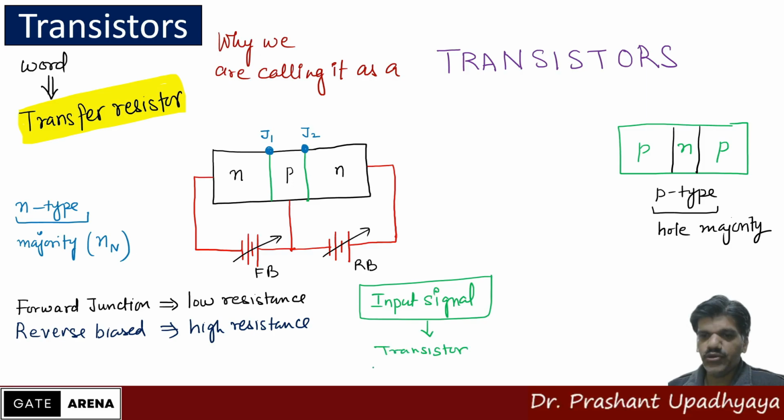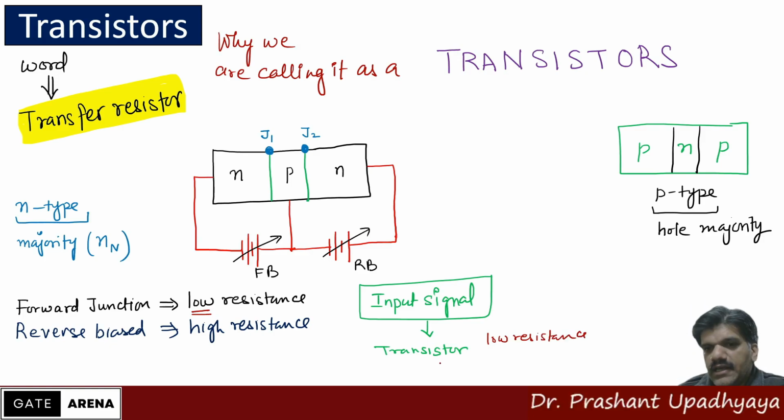When we give the transistor an input signal, we have a low resistance path. So when the input signal comes to this transistor, it has a low resistance path.